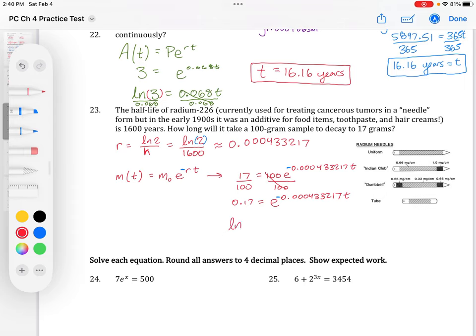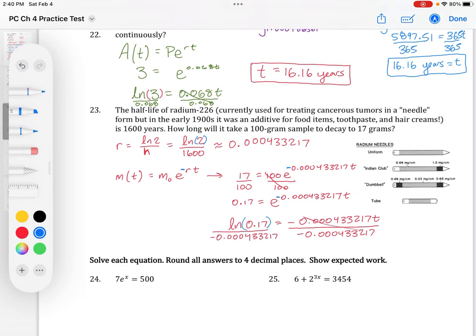So let's change the form. This is the natural log of 0.17 equals negative 0.000433217t. Now we can divide by that decimal. Okay, these will cancel.